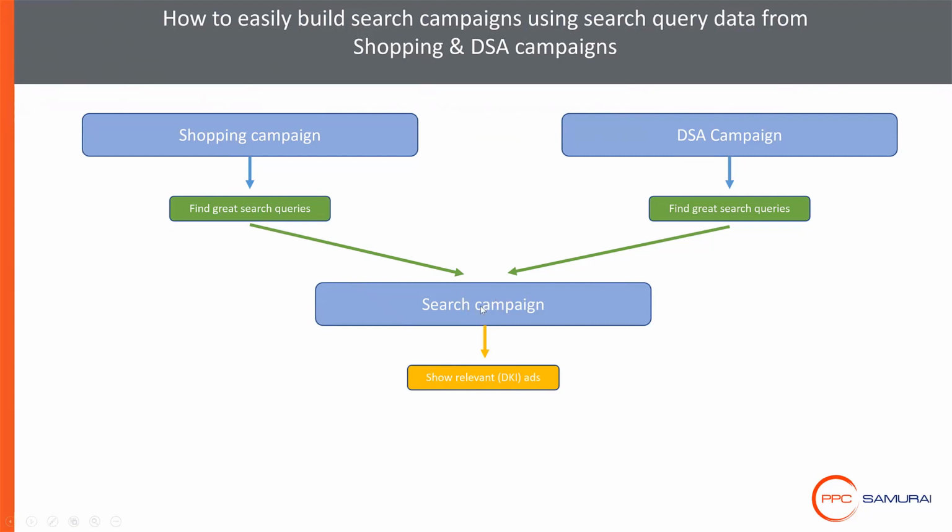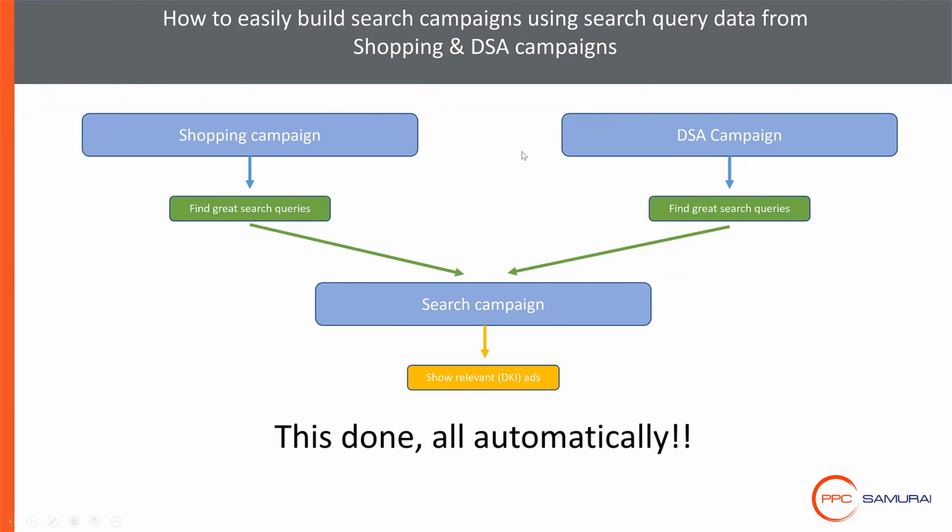Now, there is actually a way to do this, and I know some of you actually do something similar to this already, so this may hopefully give you a few extra tips. But for those people that haven't seen this before, this is a real game changer in terms of being able to build out a search campaign based on search queries that have converted really well up at shopping level or DSA.